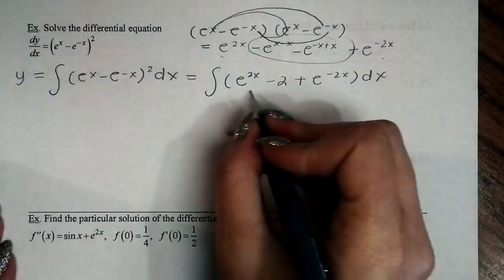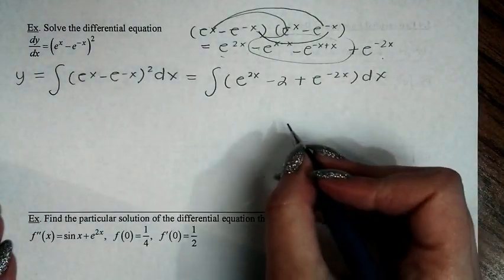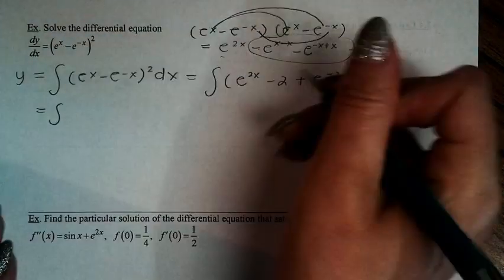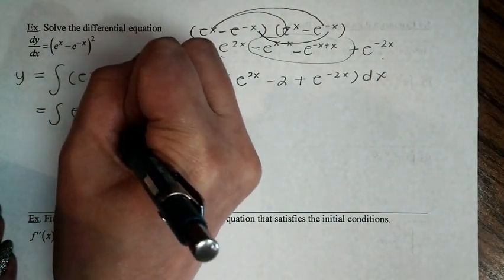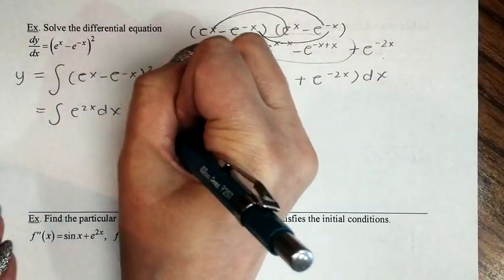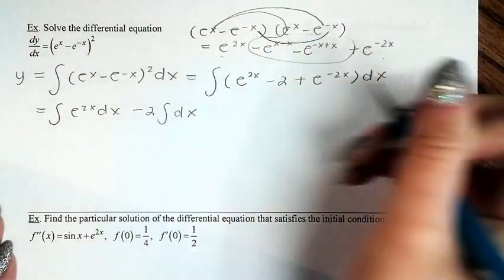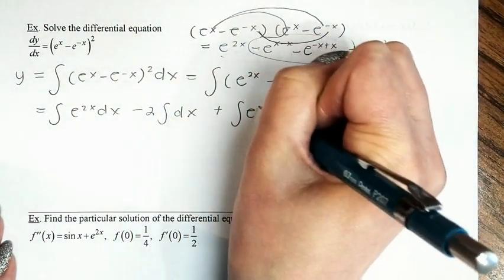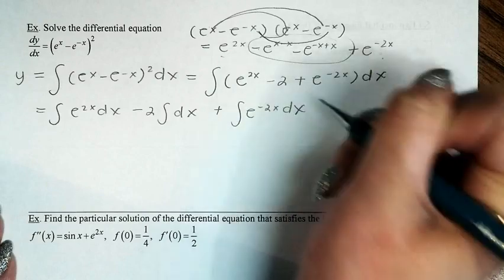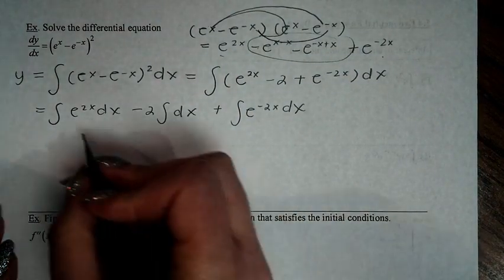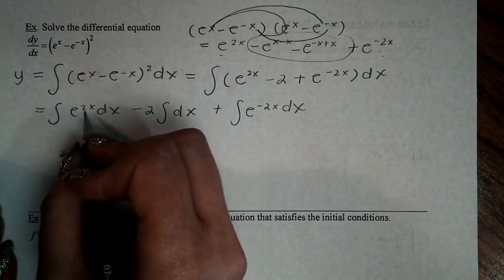Okay, so what I will do here, so you don't feel so overwhelmed, you can always break this into 3 mini integrals, so it looks a little bit more user friendly. Here you can do a u substitution or not.